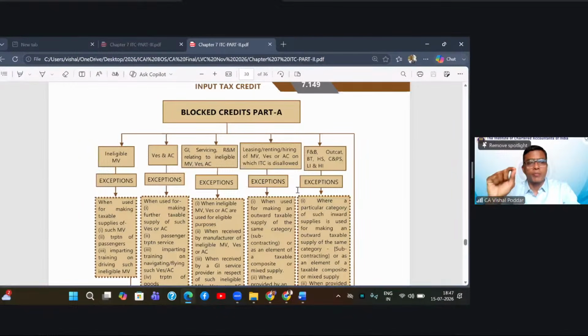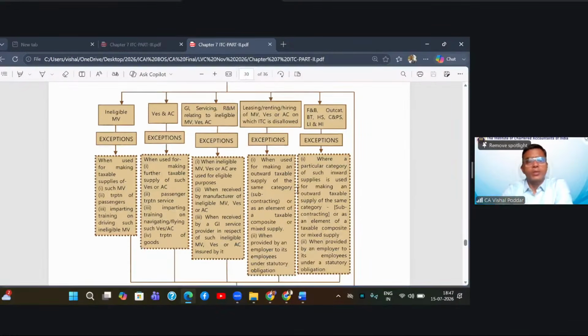So as we know, blocked ITC is specific supplies which the law has specifically marked as blocked. Blocked means they do not want to allow you credit. Now in this list, students, I'll first tell you a general point which will be very helpful because that is common in all.